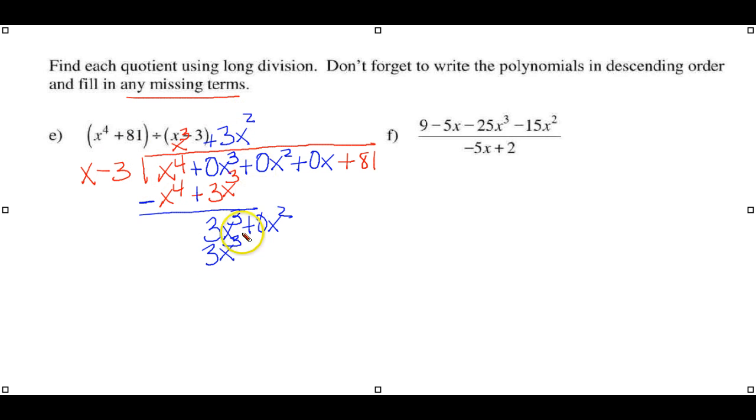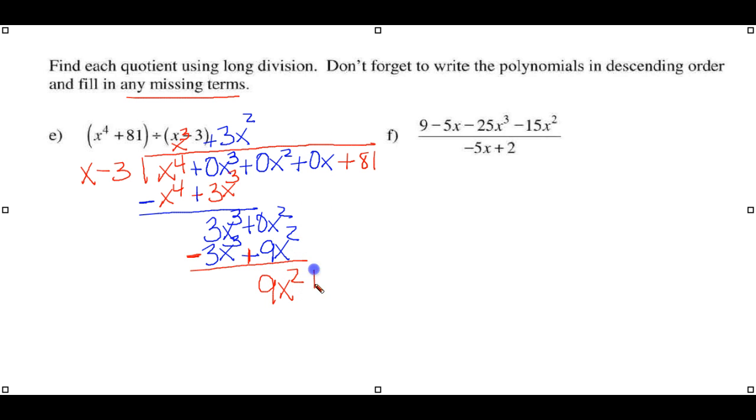This times this is a negative 9x squared. What do we do? We bring in our subtraction by changing the signs. This cancels out and this becomes a 9x squared.